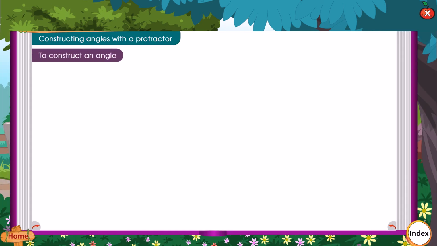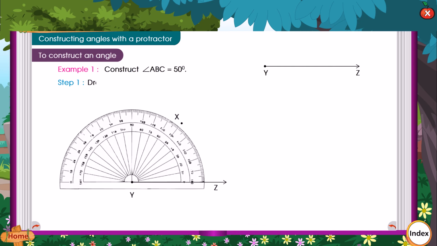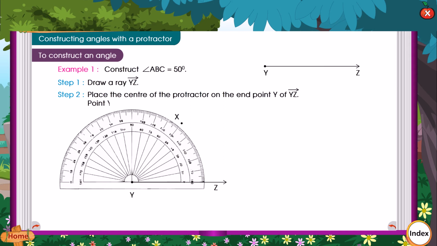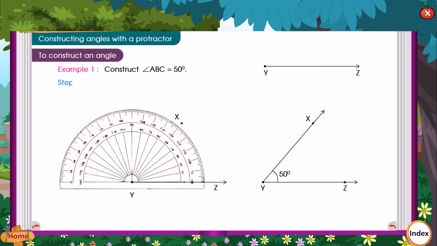To construct an angle. Example 1. Construct angle ABC is equal to 50 degrees. Step 1. Draw a ray YZ. Step 2. Place the center of the protractor on the end point Y of YZ. Point Y will be the vertex point. Step 3.